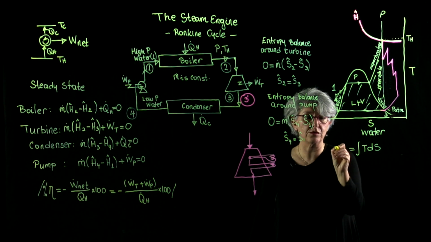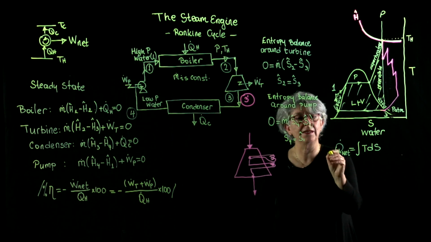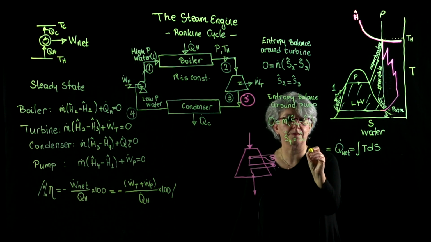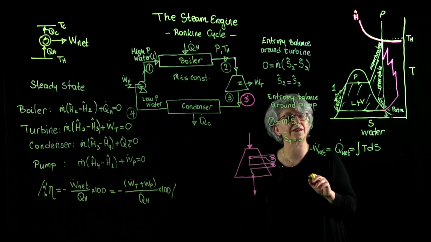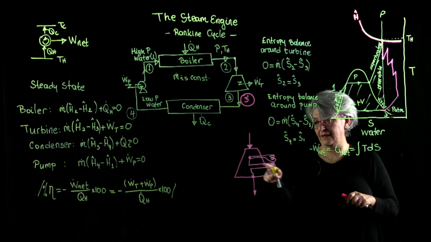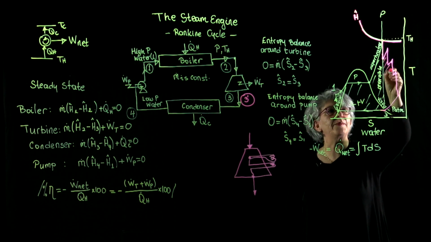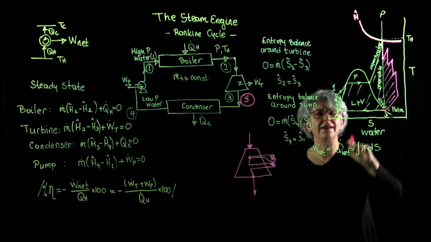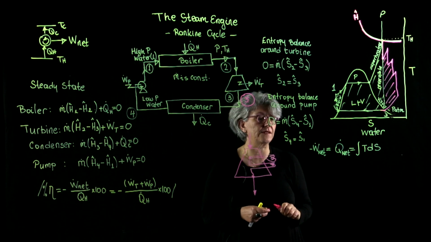That corresponds to the net heat exchanged in this power cycle, and that's equal to minus the net work of this power cycle. By adding heat in the turbine, we have expanded the area, we have expanded the net work, we have increased the efficiency of the turbine.